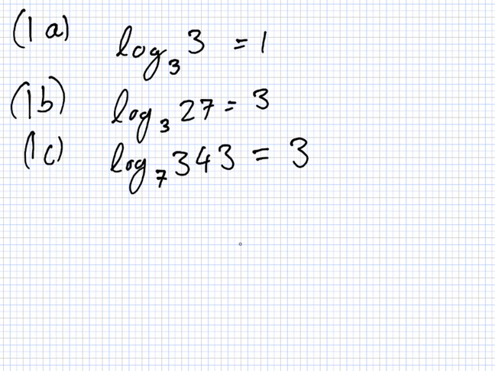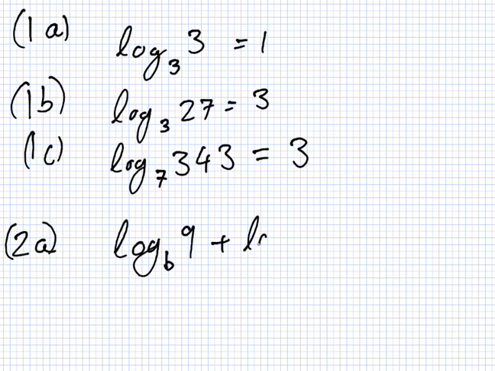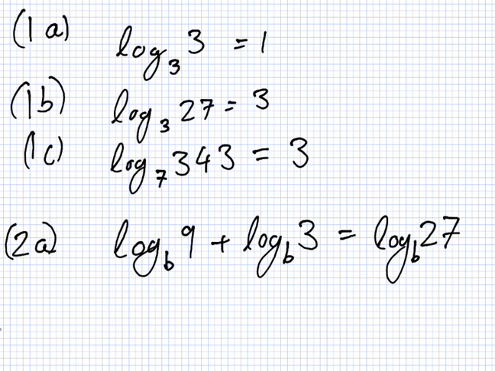So let's look at more complicated ones now. So I want to simplify this. Log base b of 9 plus log base b of 3. So which rule would I need here? The first rule, isn't it? So that would be 27. Okay, that's fine.